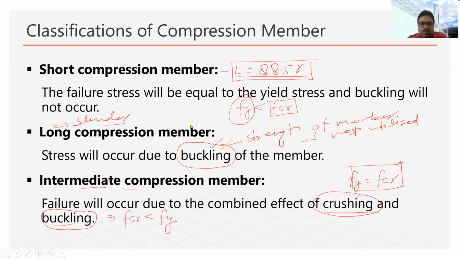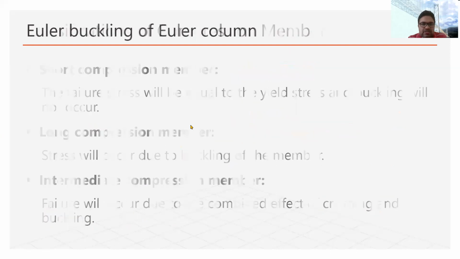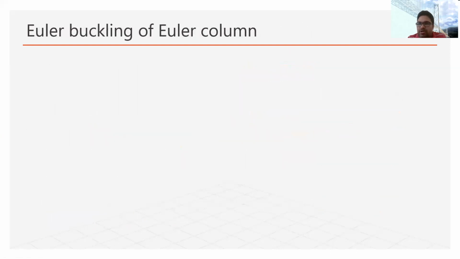Now coming to another topic, which is very important. Basically, this is elastic buckling of Euler column. The theory of buckling of column is given by a scientist whose name was Euler.